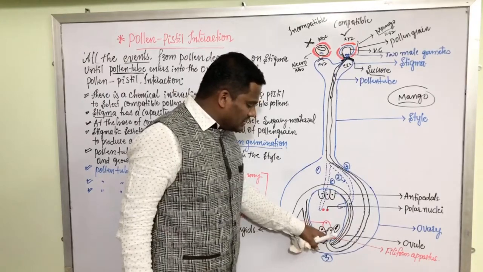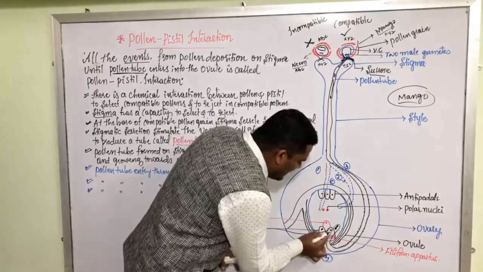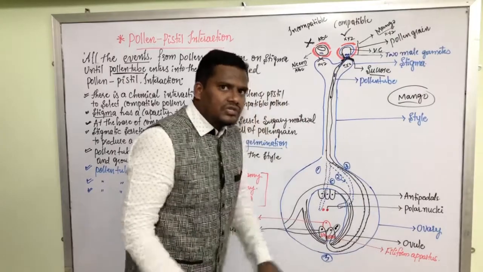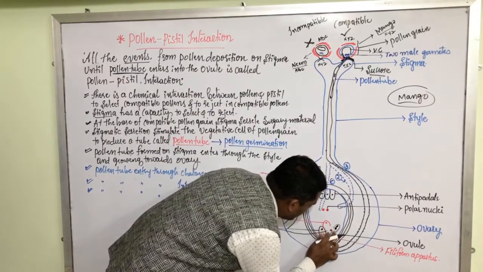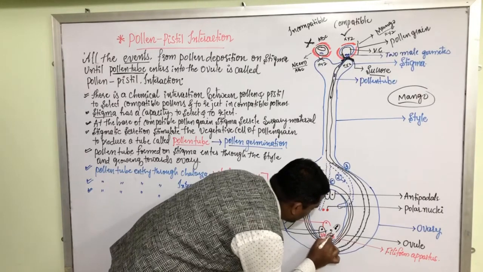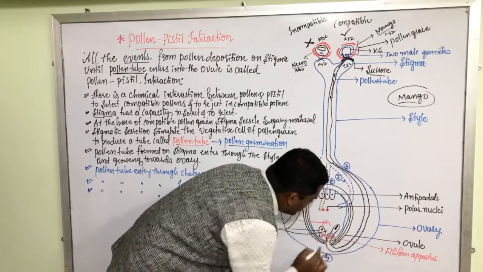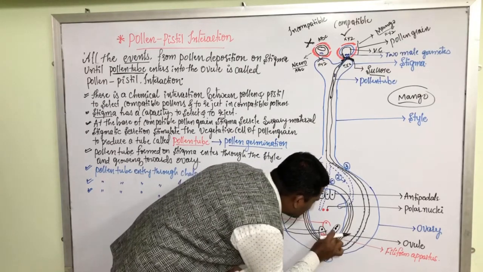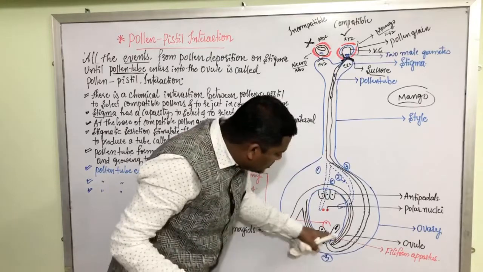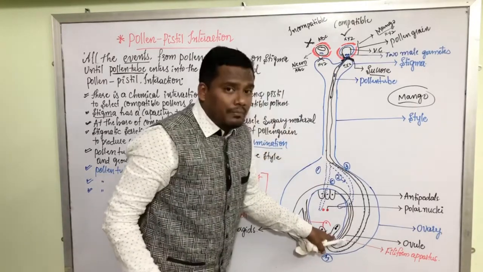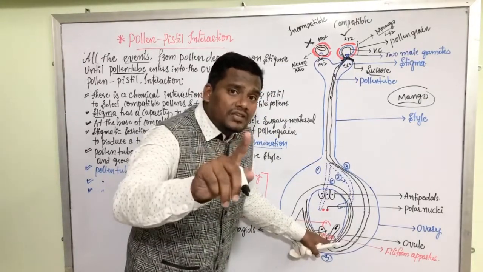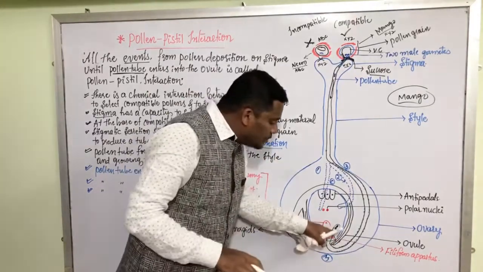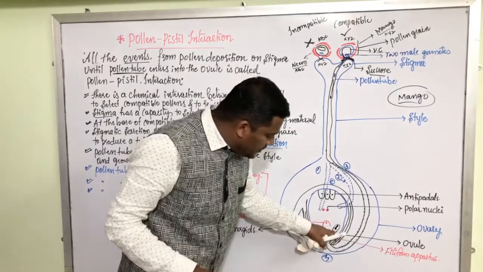As it was guided, suddenly this synergid cell starts getting degenerated. Why? Because the pollen tube made its entry into the ovule through this synergidal cell. That means out of two synergids, one synergid degenerates during the entry of pollen tube.